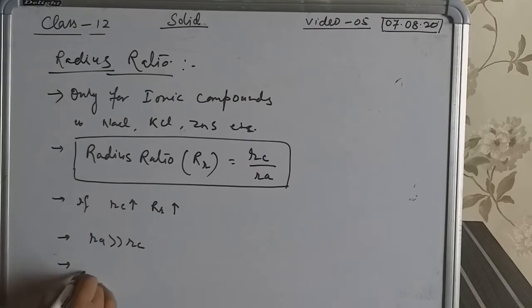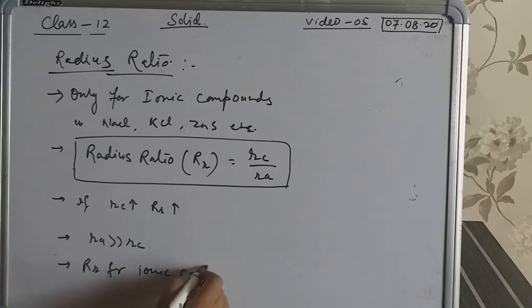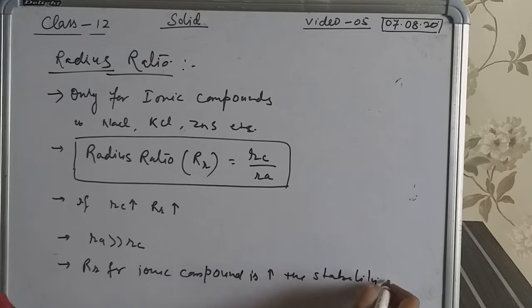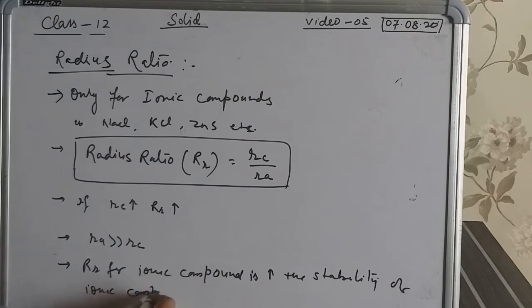Next, if the radius ratio for an ionic compound is high, the stability of the ionic compound will be high.